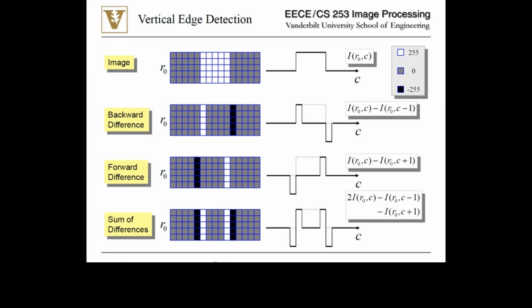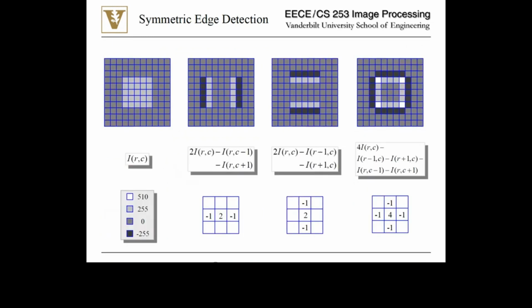Okay, good. Then, what if I have a square image and I construct this kernel? Now I know that I have a vertical edge detector. What if I use this kernel? If I use that kernel, what I have is a horizontal edge detector.